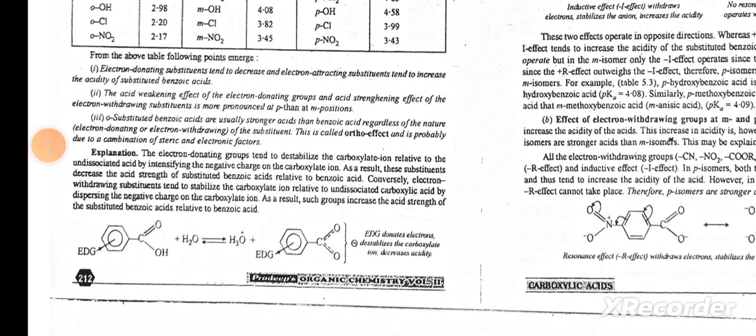Conversely, electron withdrawing substituents tend to stabilize the carboxylate ion relative to the undissociated carboxylic acid by dispersing the negative charge on the carboxylate ion. As a result, such groups increase the acid strength of the substituted benzoic acid relative to benzoic acid. EDG donates electrons, destabilizes the carboxylate ion, decreases acidity.